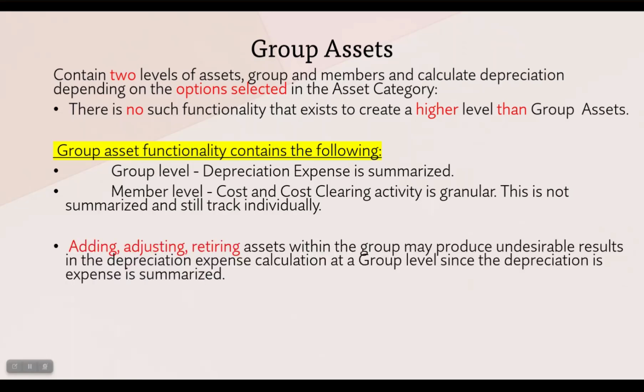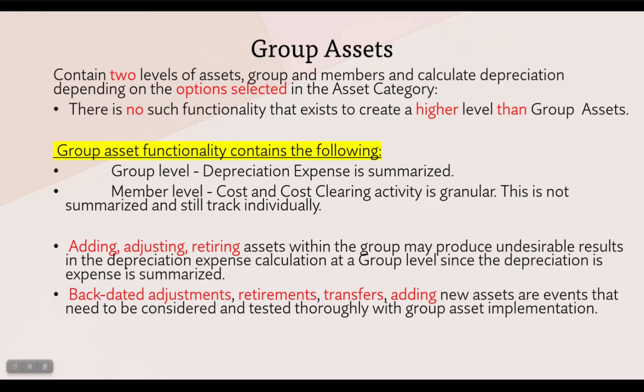Adding, adjusting, or retiring assets within the group may produce undesirable results in the depreciation expense calculation at a group level, since the depreciation expense is summarized. Backdated adjustments, retirements, transfers, and adding new assets are events that need to be considered and tested thoroughly with group assets implementation.